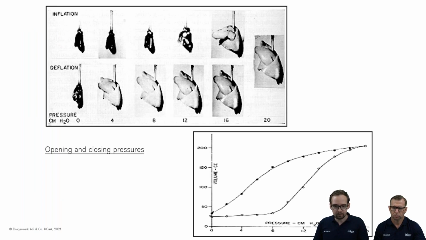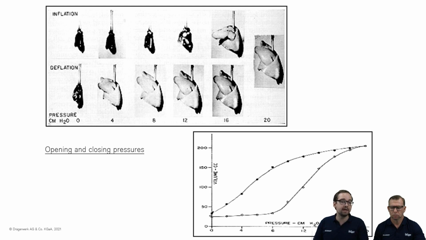In order to understand how we can talk about atelectasis and overdistension, we need to have a look at lung mechanics in general. We want to see how the lung behaves. In this picture, you can see an overview from an animal model. In the first row you see inflation, and in the second row deflation.